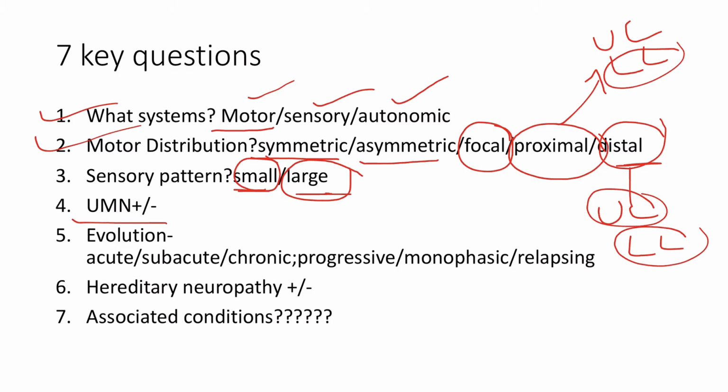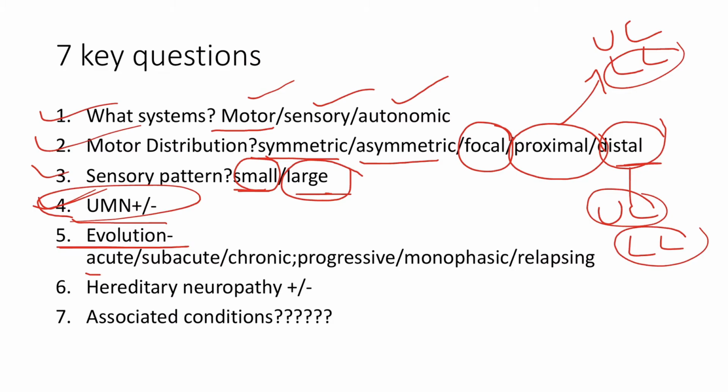Then you have to look for upper motor neuron signs, whether there are any signs of a UMN lesion. Okay. And then evolution. So what is evolution? Evolution starts with the onset, and then how the disease progresses, that is how it evolves.